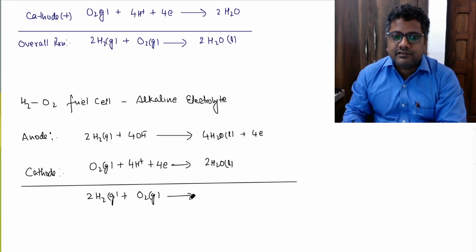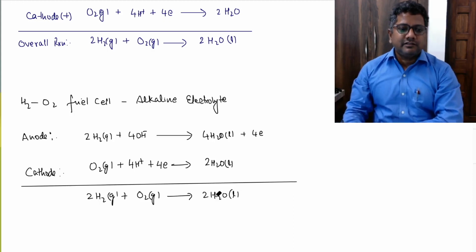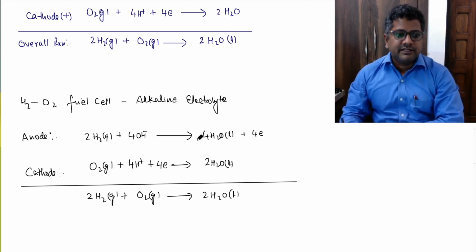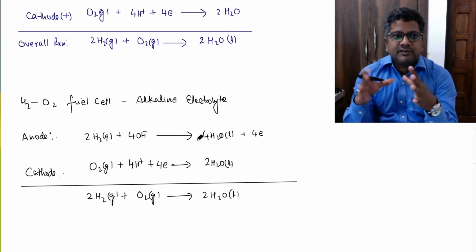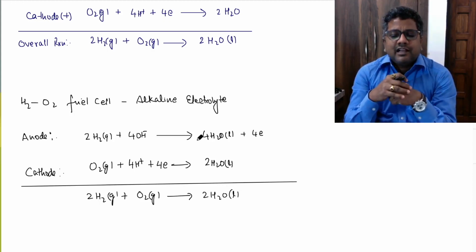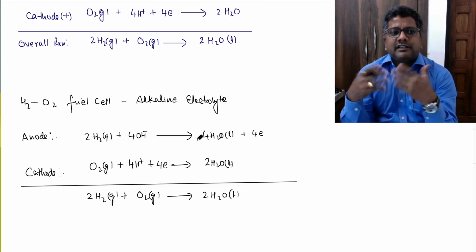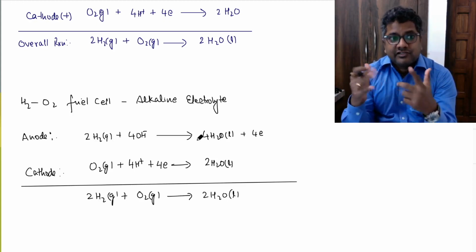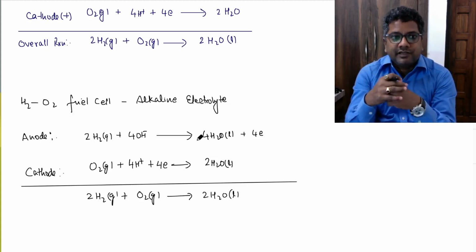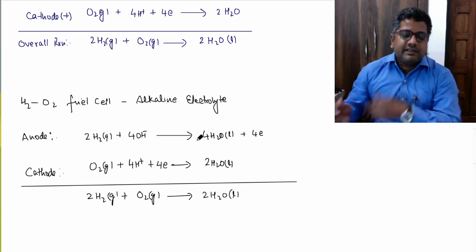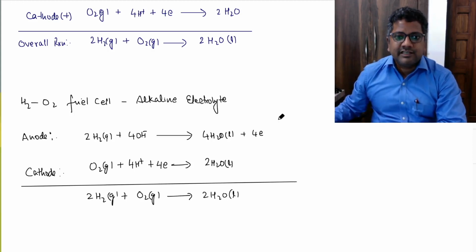So you will get 2H2O. See, there is no change in the net reaction. And you know in the space shuttle these alkaline electrolytes are used, because alkalis are less harmful for humans and skin, but acids are very harmful for us, right? So that's why in the space aircraft this one is used.